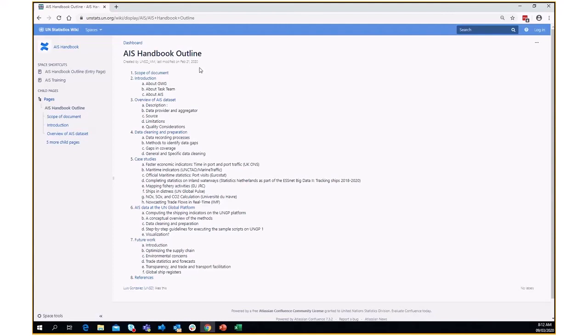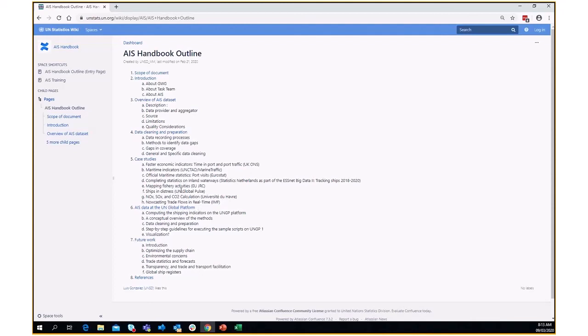So this is the outline of the AIS handbook that is developed by the AIS task team. And what you can see is that it gives some information about the scope of the whole document. It gives an introduction not only to AIS data, but also to the global working group and the AIS task team. Then we have a more detailed overview of the AIS dataset, way more detailed than what I've just shown. We will have something about the data cleaning, which is still under development at the moment. We have a page that gives an overview of different case studies.